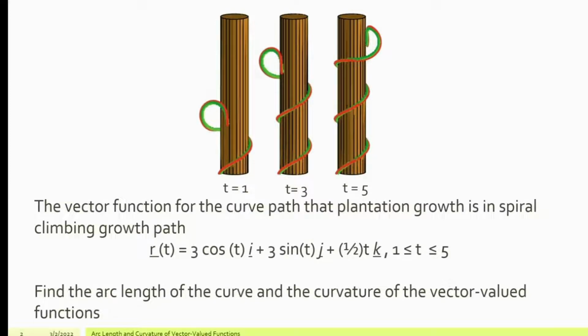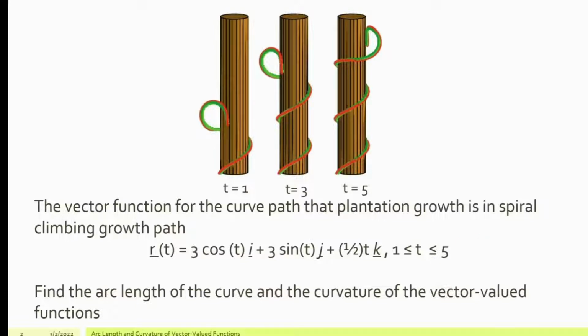The vector function of the curve path that the plant grows along in a spiral climbing growth path is given by r(t) equals 3 cosine t i plus 3 sine t j plus half t k, and the time is 1 less than or equal to t less than or equal to 5.